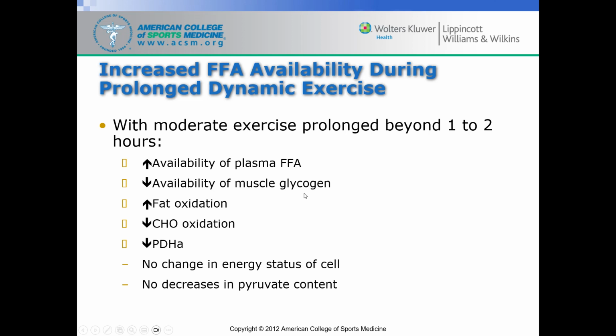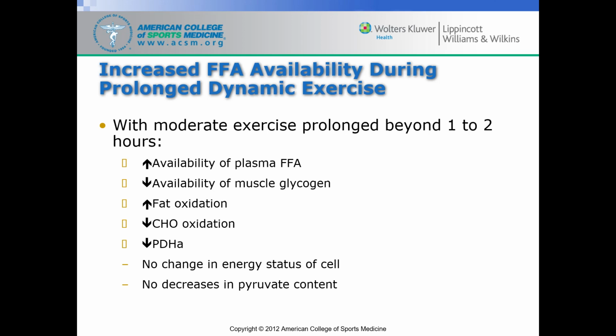Krebs cycle. So the result is you have increased fat oxidation, decreased carbohydrate oxidation, and a decrease in PDHa. There's no change in the energy status of cells. They're still using the same amount of energy, and no decrease in pyruvate content.